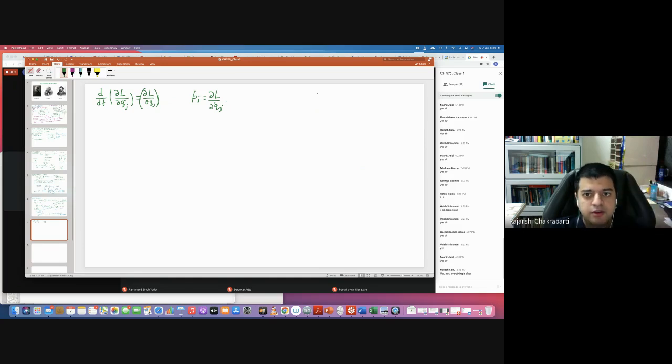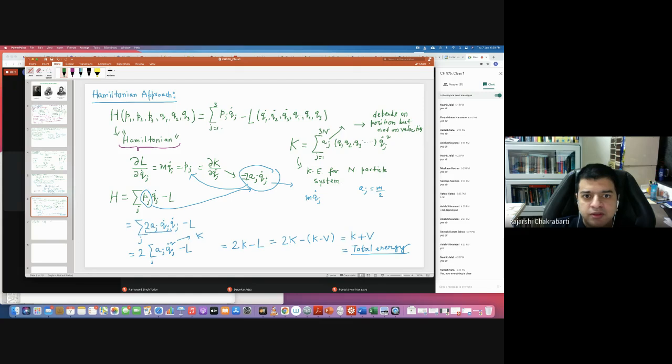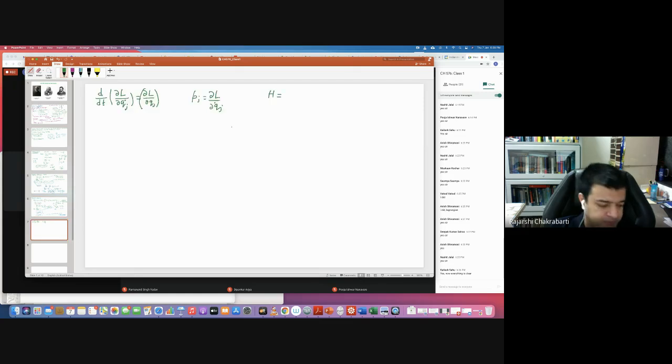And your Hamiltonian is what? Your Hamiltonian is given by the sum of Pj Qj dot minus L, isn't it? I am doing it for a single particle, so j from 1 to 3.